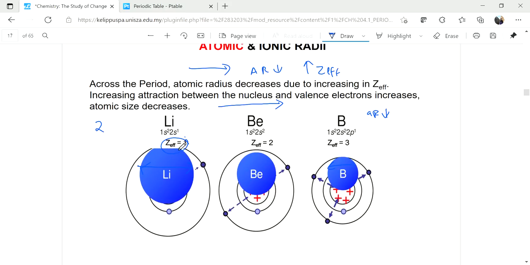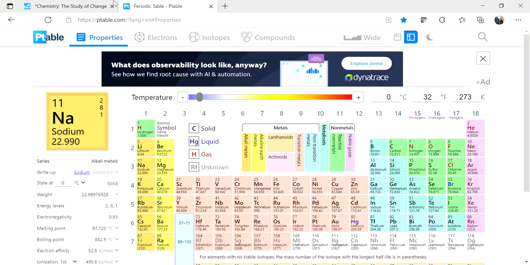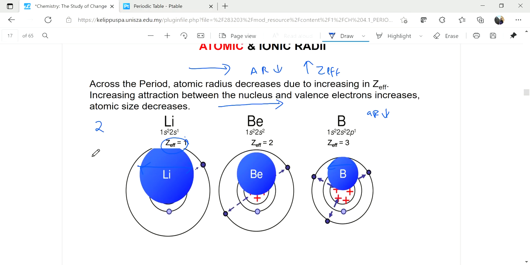In lithium, the number of protons is 3. 3 minus how many electrons in the inner orbital? 1s2 is the inner orbital, 2s1 is the outer orbital. So the number of electrons in the inner orbital is 2. 3 minus 2, you get 1. So the ZF value for lithium is 1.